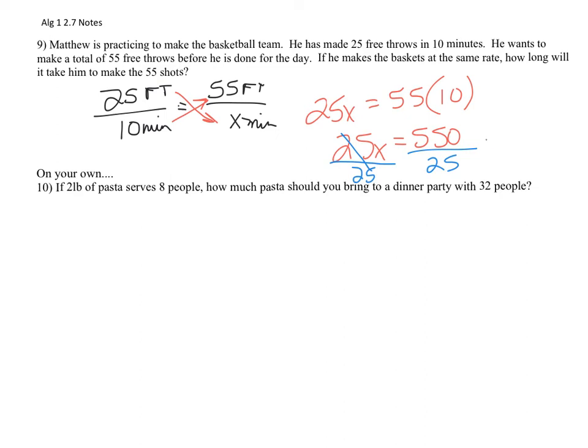So that means this is going to equal 22. So you might think you need a calculator for that, but he's going to take 22 minutes to actually make all 55 of his free throw shots.